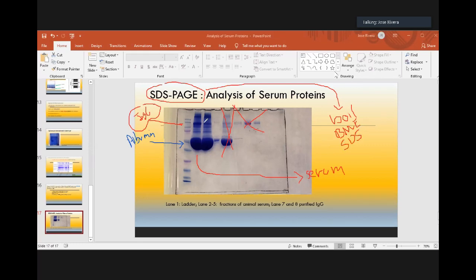What happens here is they run it at very high. So this is the ladder. They're running like they're a complex, not like they're separated. Which component here would you suspect didn't work or they didn't add?